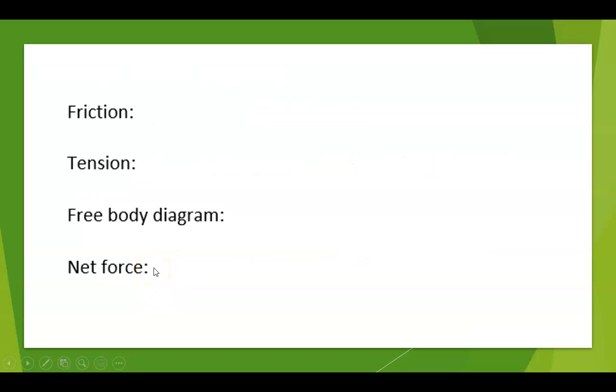Friction is a resisting force, and it always resists motion, against motion. Now, this is caused by surfaces rubbing.